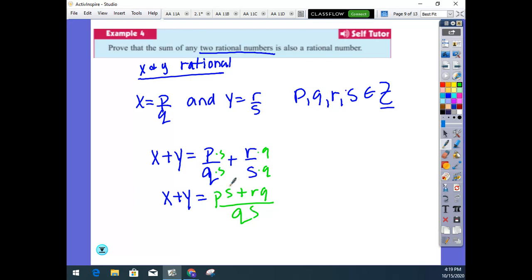And if these are all integers, then P times S belongs to the integers, RQ belongs to the integers, QS belongs to the integers. So this ends up being a rational number. We'll just say capital P over capital Q.